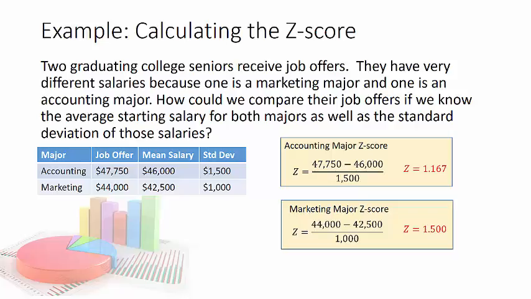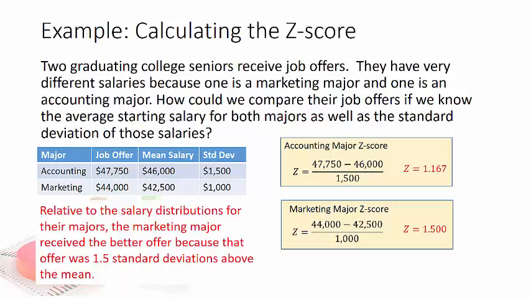Both have above average job offers, but believe it or not, the marketing major actually received the better offer because that offer was 1.5 standard deviations above the mean instead of 1.167.